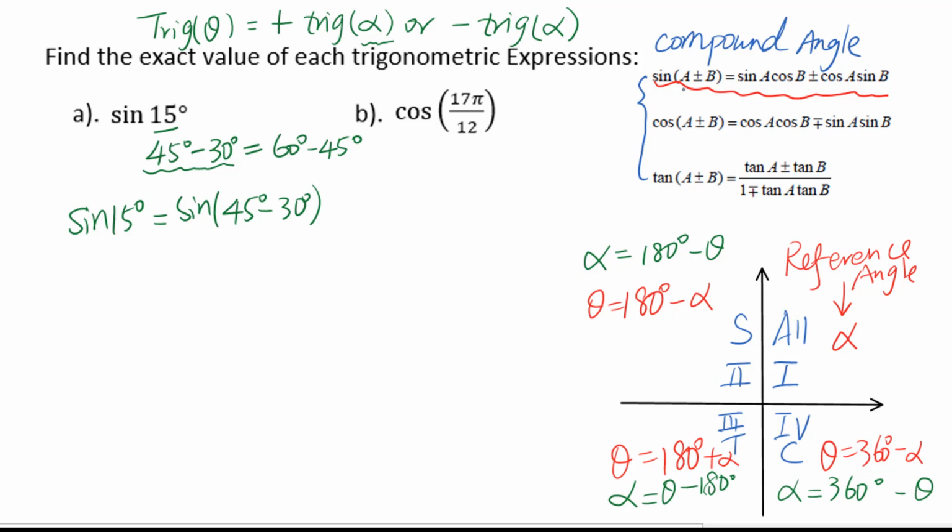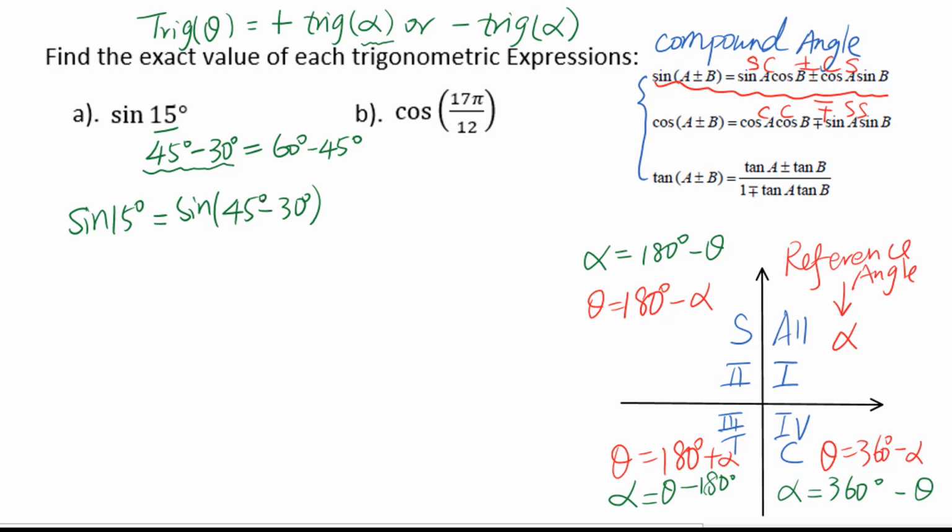For sine 15 degrees, we can write down sine of 45 degrees minus 30 degrees. For sine of A plus or minus B, that is SC plus or minus CS. For cosine, it equals CC minus or plus SS.